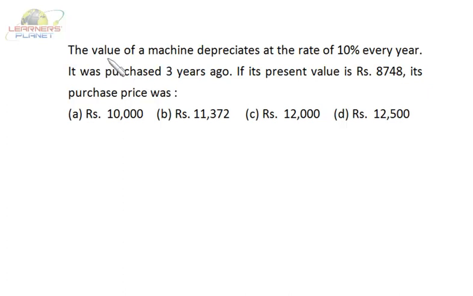In this case, the value of a machine depreciates at the rate of 10% every year. It was purchased 3 years ago. If its present value is this, then what was its purchase price? That means we have to find out the value before 3 years. So let it be X. After the first year, the value of the machine will remain 90%. After the second year, there will be a further 10% decrease in the previous year's value, and after the third year, one more decrement of 10%.